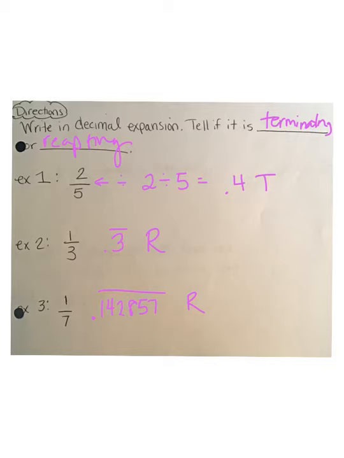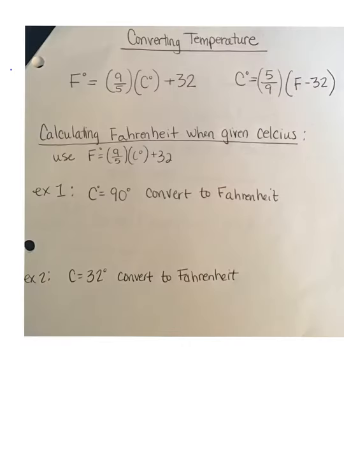And then we're going to do one more thing in this lesson, and that's converting temperature. That is what you'll see on the next two pages. You should know already that temperature can be measured in two different ways. It can be measured in Celsius or in Fahrenheit, and we're going to talk about how to convert from one to the other.